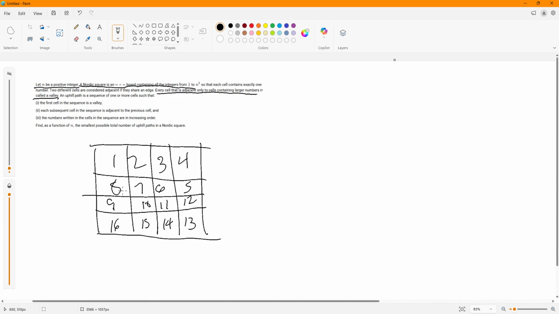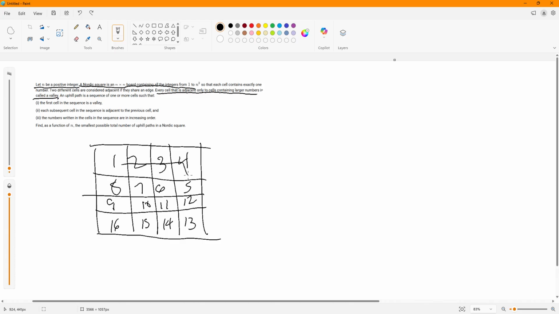Once again, only one is a valley, and any other number isn't a valley here. That's my intuition, so take it with a grain of salt, but I think it's true. Anyway, let's count how many uphill paths there are.